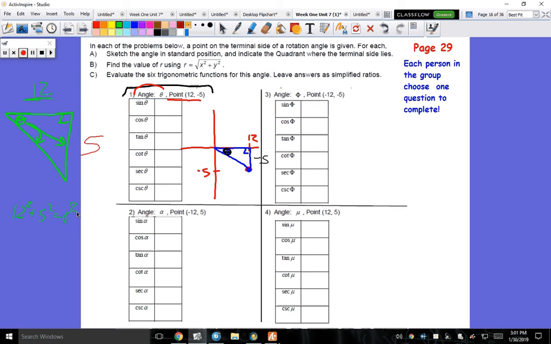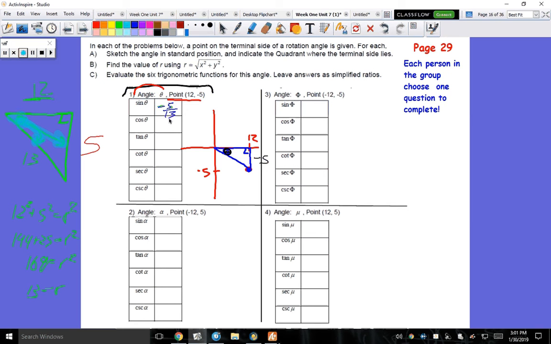I'm going to get 144 plus 25, and then 169. R is what, anyone? 13. So from theta, put your body where theta is at. The sine is that y over r. What's my answer? Negative 5 over 12. Or sorry, 13.